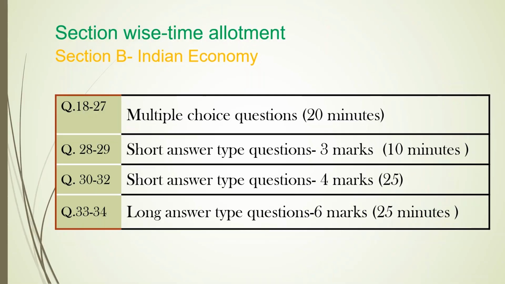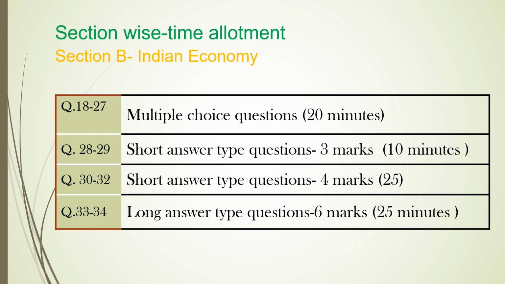Let's go to Section B. Section B is Indian Economy. Question number 18 to 27, multiple choice questions, and you can allocate 20 minutes. Question number 28 and 29, short answer type questions, and we have 2 questions and you can allocate 10 minutes.